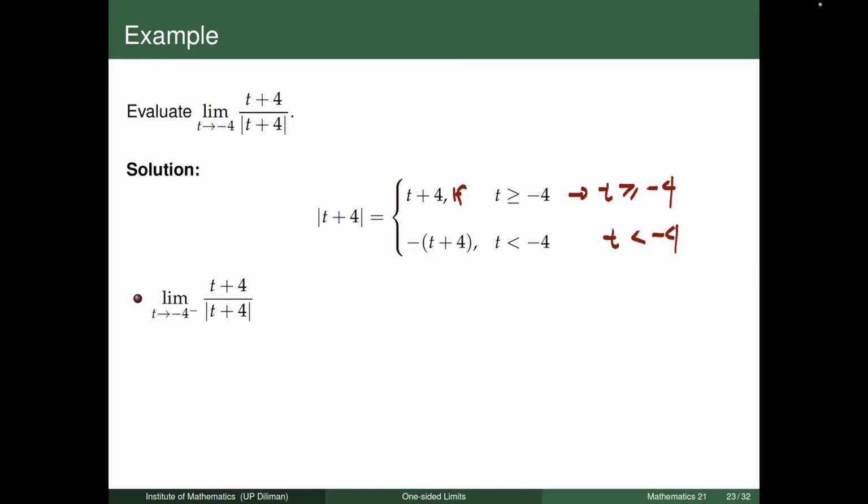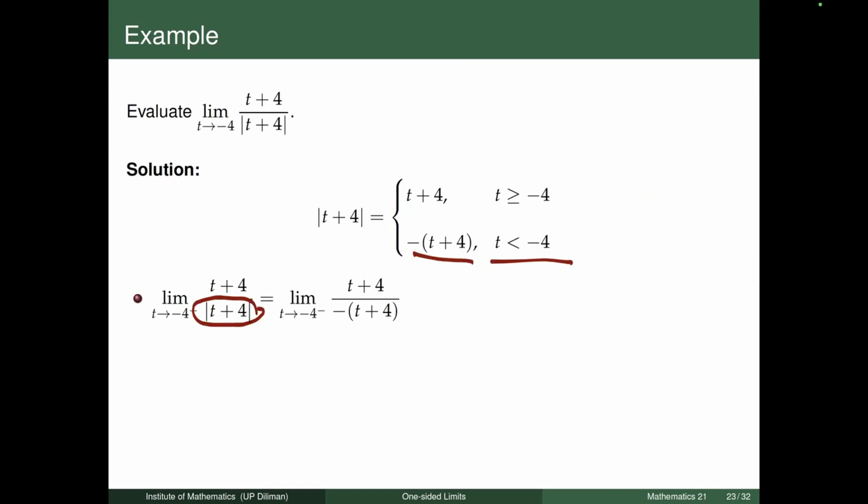So as t approaches -4 from the left, what function are we using? We will be using this function because t is less than -4. So you replace the denominator here by this expression, okay? And then we can cancel.